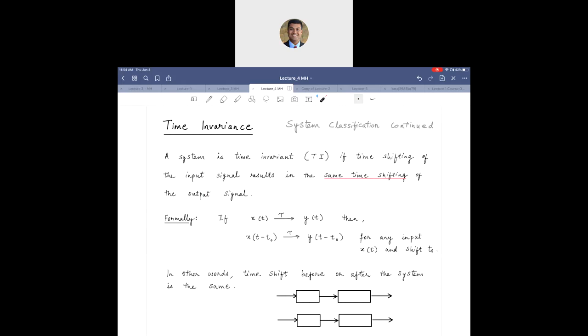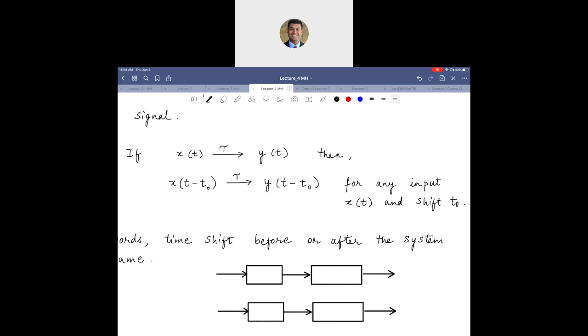Now, we can represent time invariance using block diagrams like this. Let's write down the inputs and the outputs before and after. x of t is the input here, y of t is my output there, and also here x of t there and y of t there. So let's consider time shift first, let's say by t0.